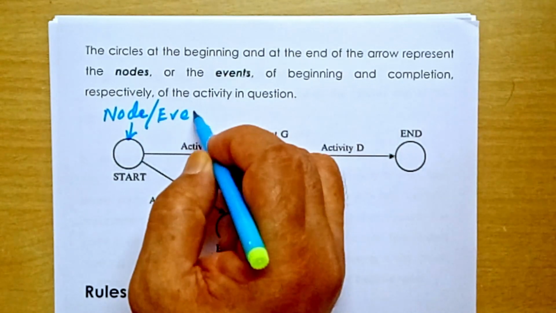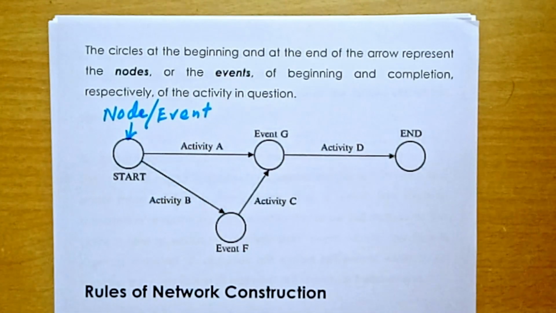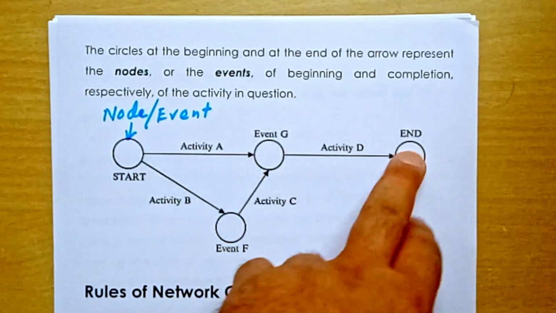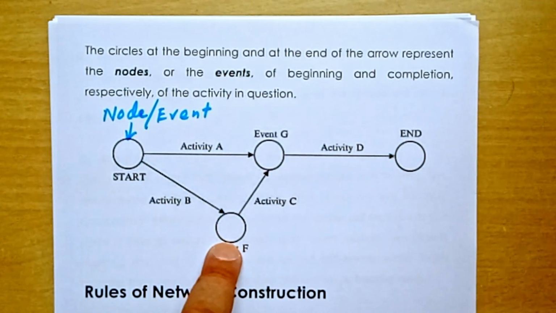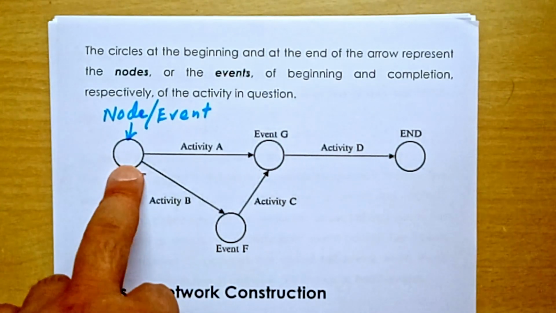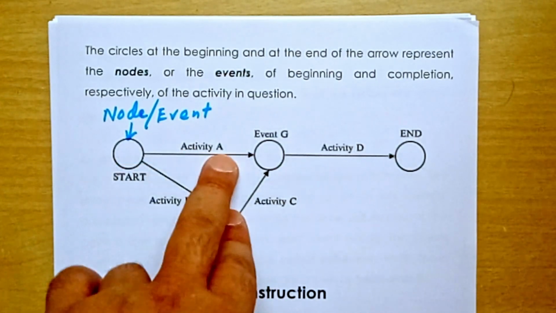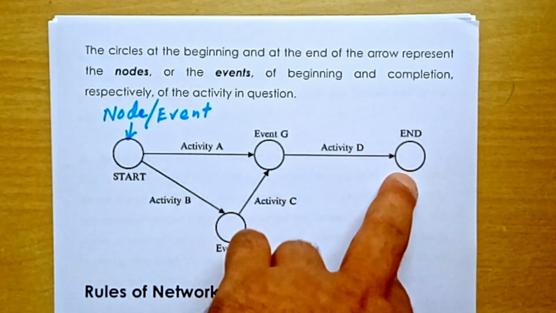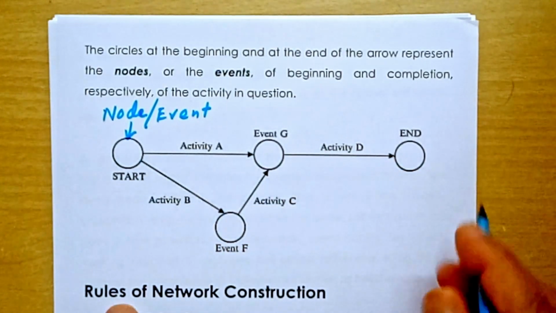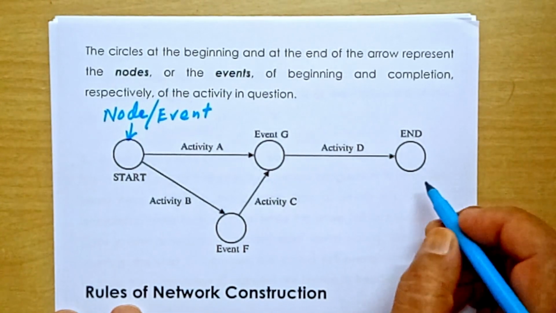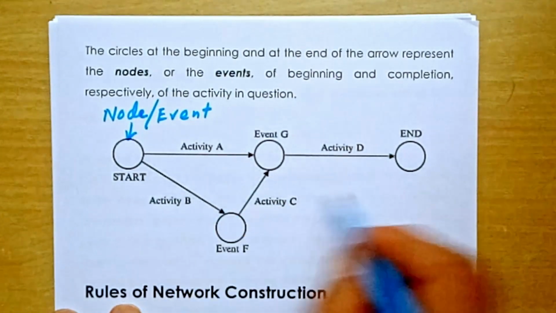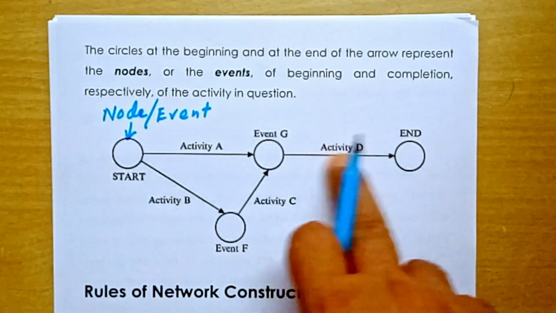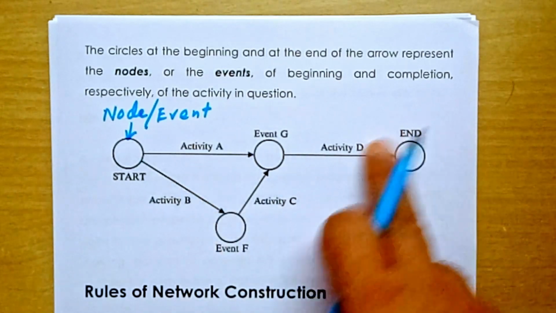Node or event. This is one node, this is one node, this is one node, this is one node. There are 4 nodes or 4 events here, and this is the node for this activity as well as for the entire project. And this is the ending node, finishing node. This is also a node, and this is the finishing node or ending node. Of course, ending node for this activity as well as ending node for the entire project.